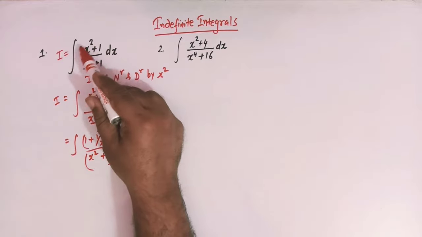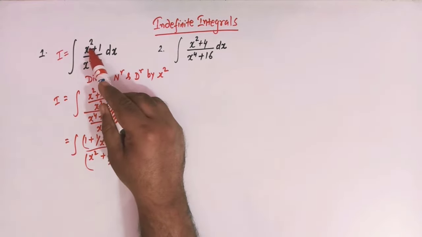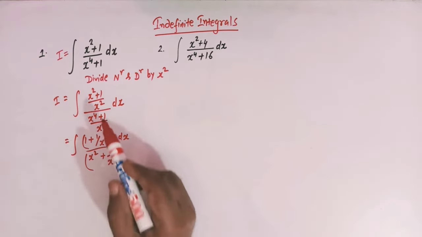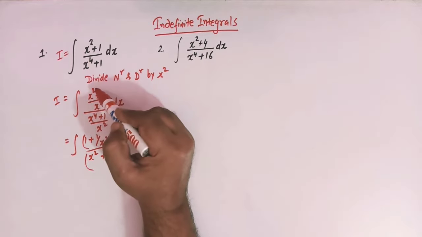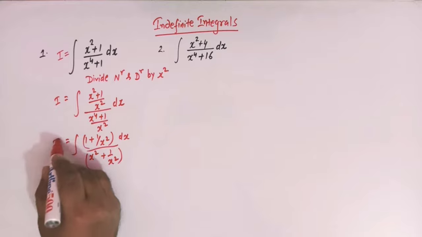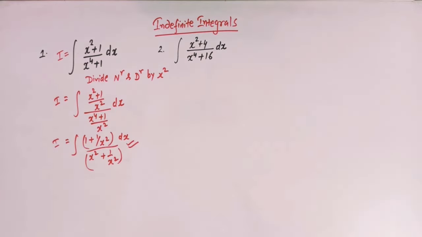So in these types of rational functions in which the numerator is a quadratic function and the denominator is a biquadratic function, we divide the numerator and denominator by x square and express our integral like this. And now from here we will use some algebraic identities.